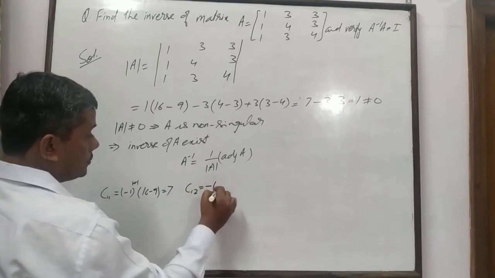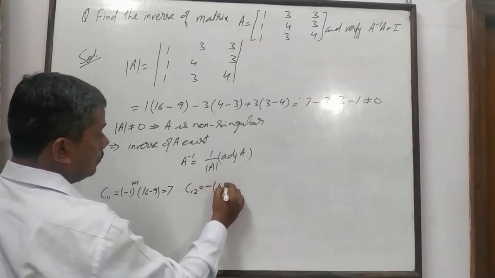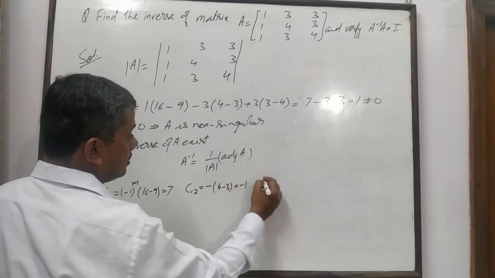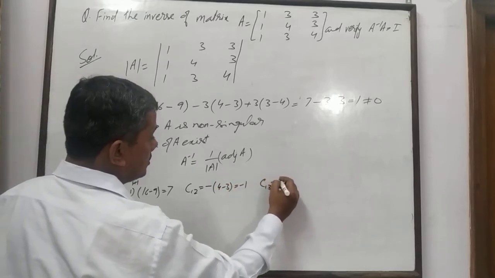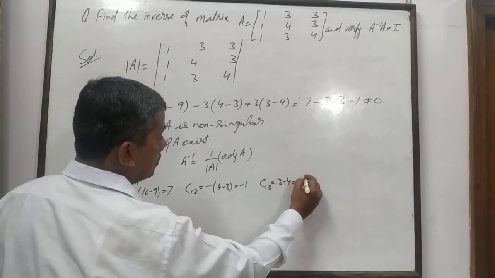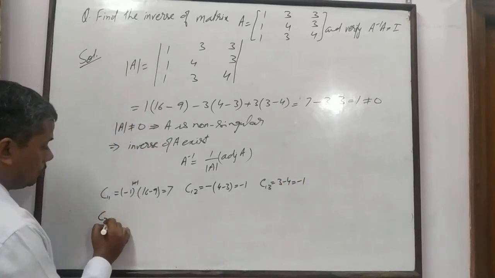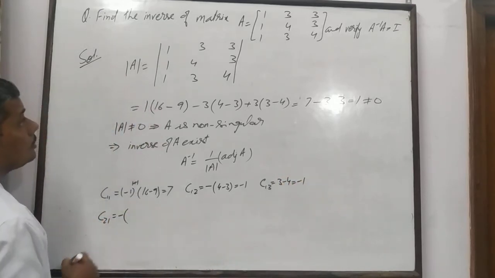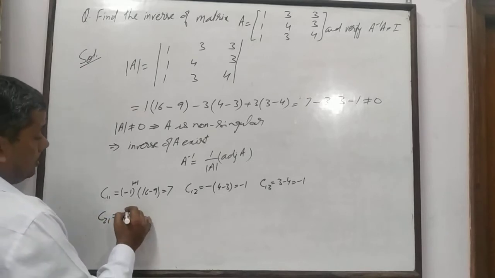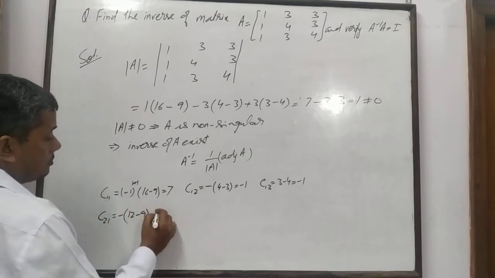C12, minus of 4 minus 3, is minus 1. C13 is equal to 3 minus 4, minus 1. C21 is minus of 12 minus 9, is minus 3.